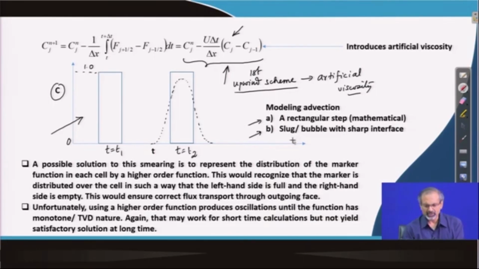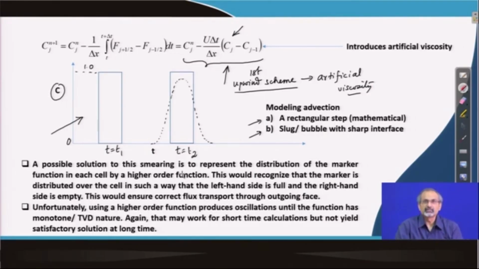Now, if you are modeling it as a sharp interface and you find that the numerical scheme is diffusing it artificially, it means that artificially the bubble will get elongated, whereas physically it should not be, according to the modeling law. So, that is where the numerical scheme plays a major role in predicting the phase boundaries correctly as they advect through the fluid.